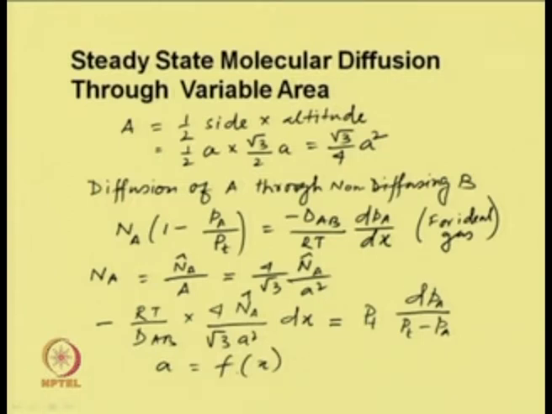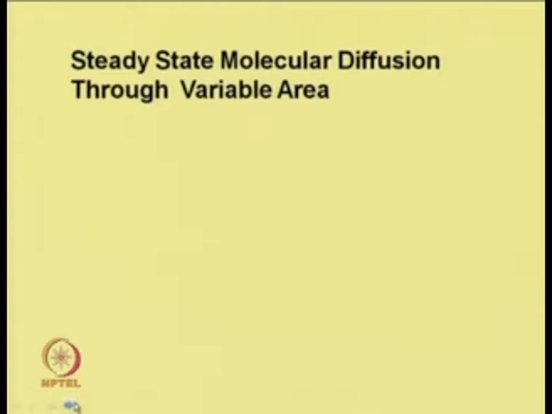Since A is a function of x, the size of the triangle will continuously change. So, we can have the relation A will be A1 at point 1 plus (A2 minus A1) by (x2 minus x1) into (x minus x1).